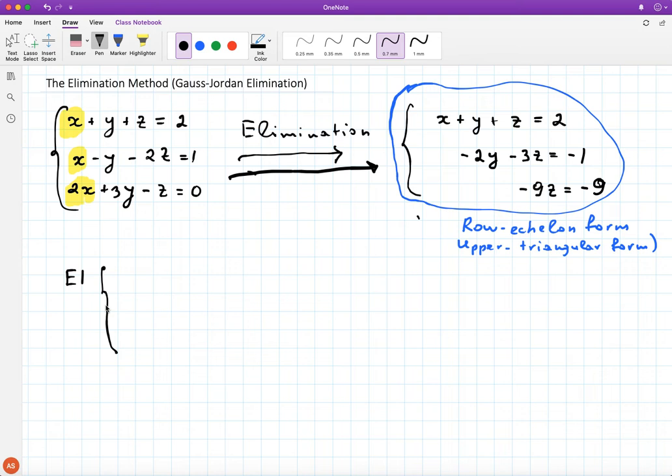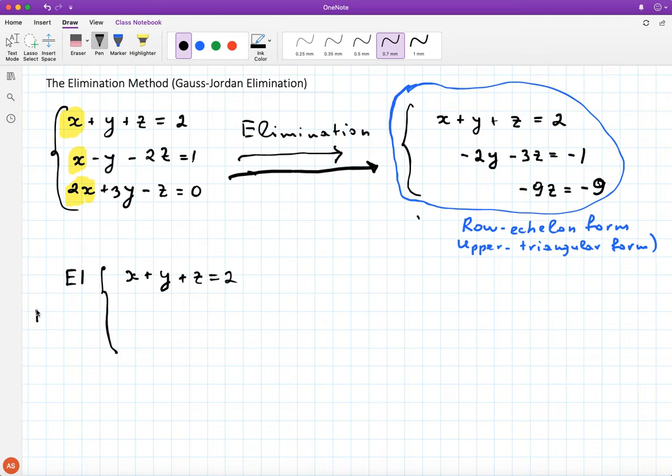And so I write E1 in front of the first equation in the new system, and this indicates that I'm simply copying the first equation from the previous step: x plus y plus z equals 2.